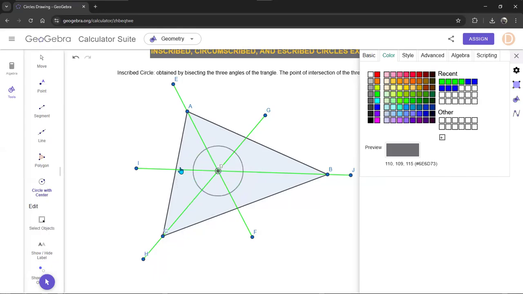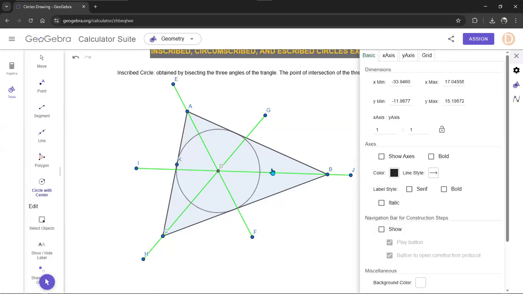You can choose either side, provided it does not go beyond the three lines to the outside. So we have our circle. This is our inscribed circle.